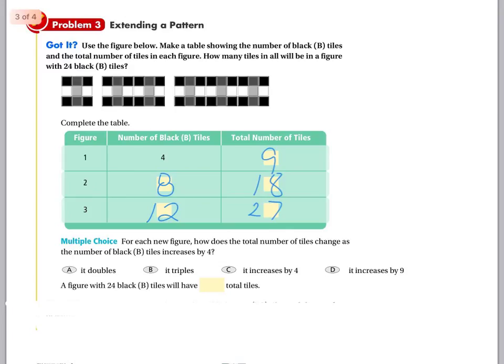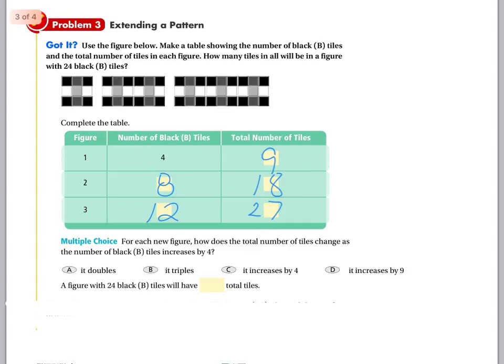As you can see, I went ahead and filled in the figure. When there are 4 black tiles, we have 9 tiles total. When there are 8 black tiles, there's 18 tiles total. And when there are 12 black tiles, as in this case right here, there are 27 total tiles.